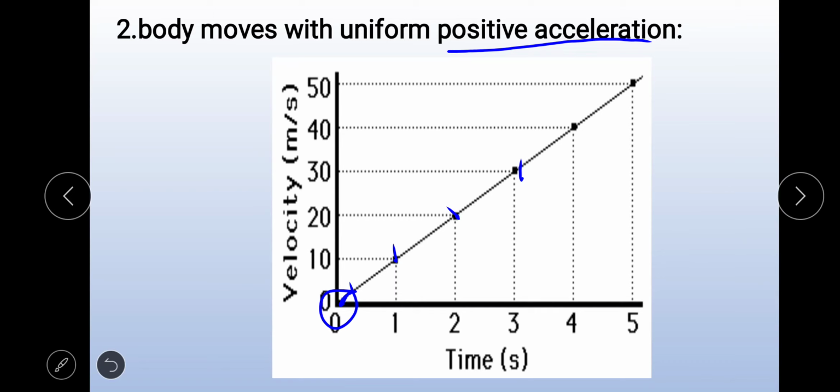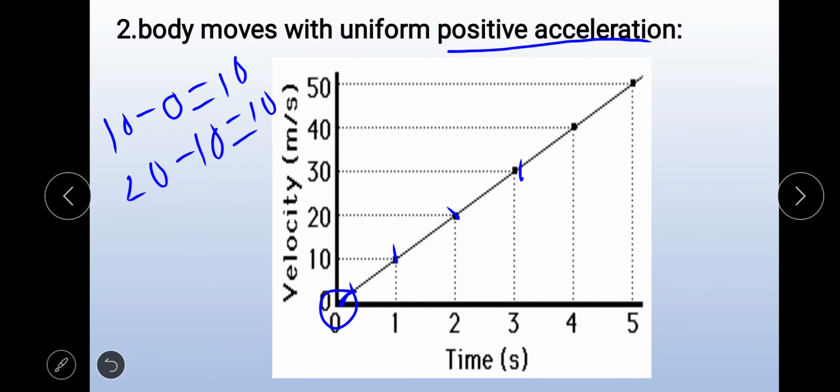Will you agree? Here if you calculate the change in velocity, in first case 10 minus 0 equal to 10. In second case 20 minus 10 equal to 10.